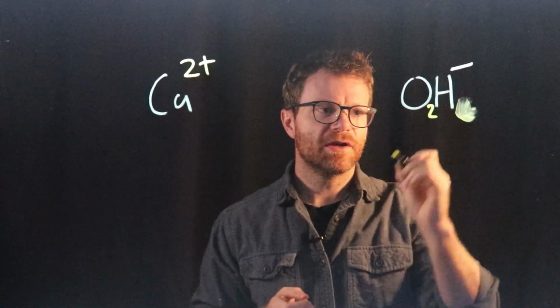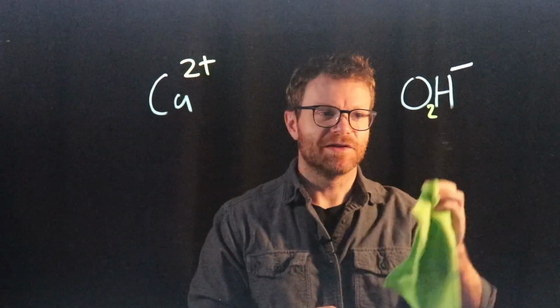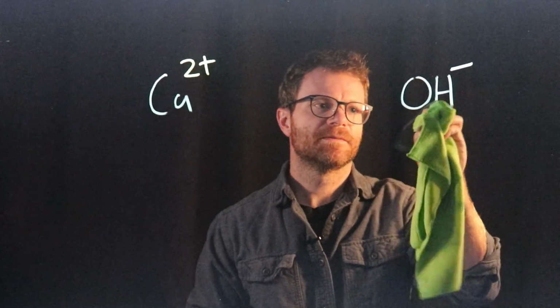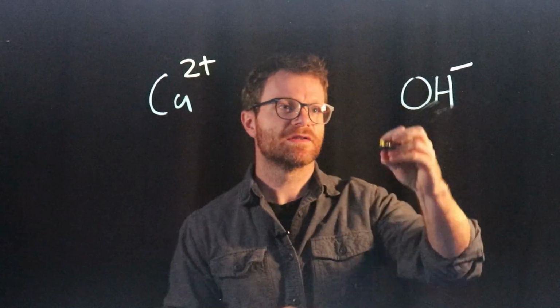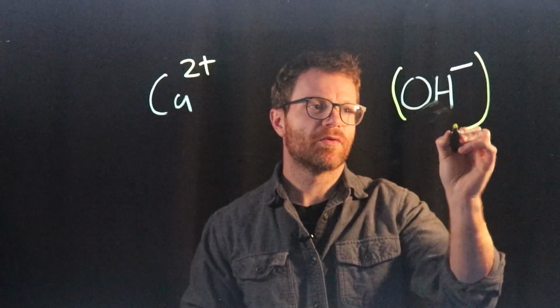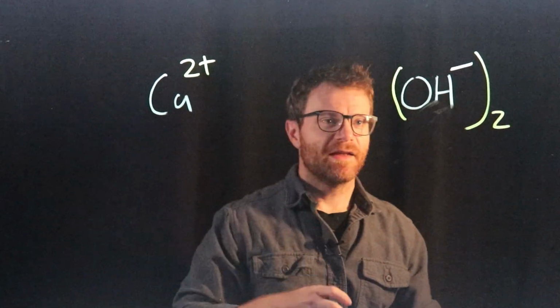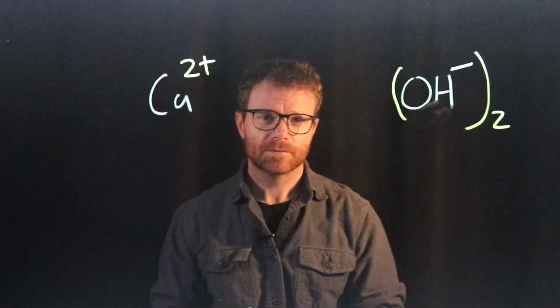Same thing if we put the 2 here, that's not 2 OHs, that's 2 oxygens and 1 H. So in this case, if we want to tell our reader that we have 2 OHs, we surround the whole thing in parentheses and then put a little 2 outside the parentheses. That's telling us we have 2 hydroxides.